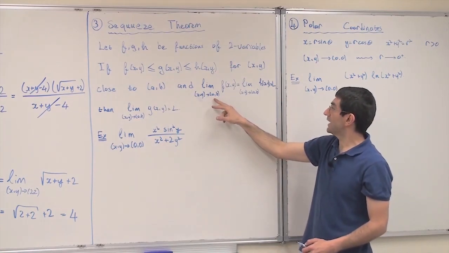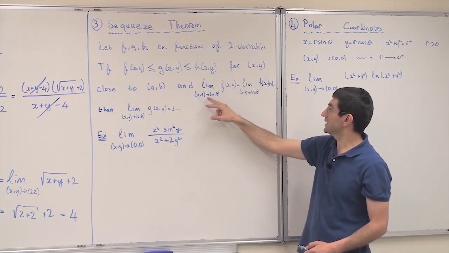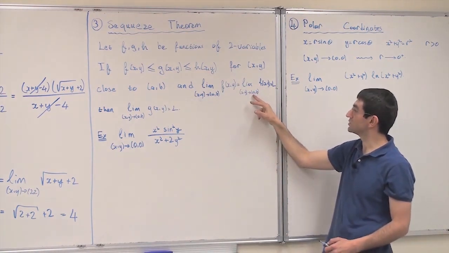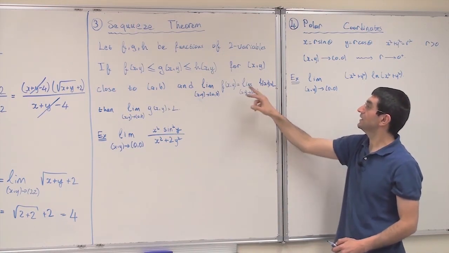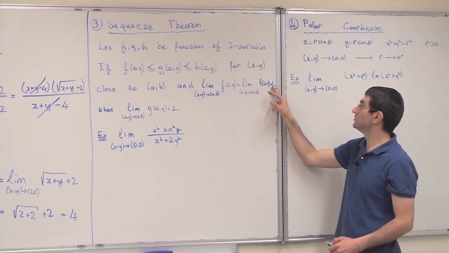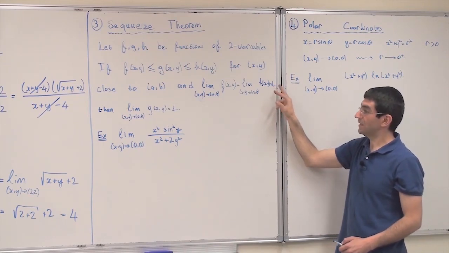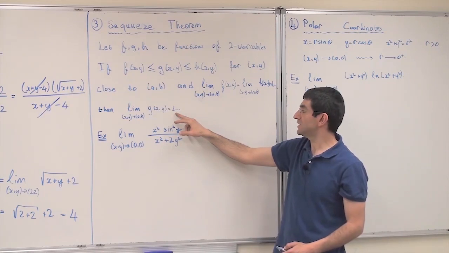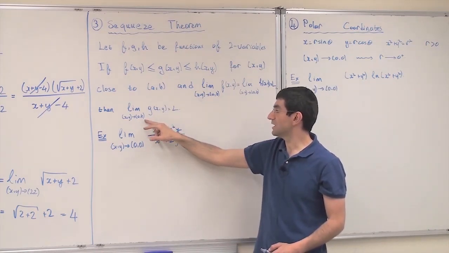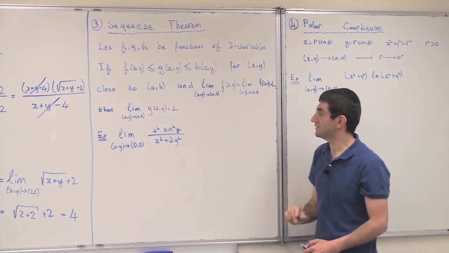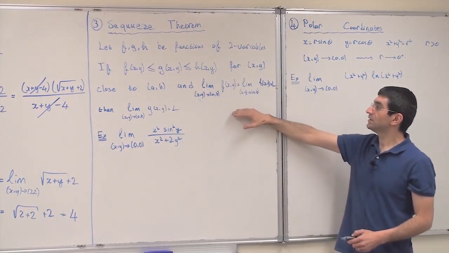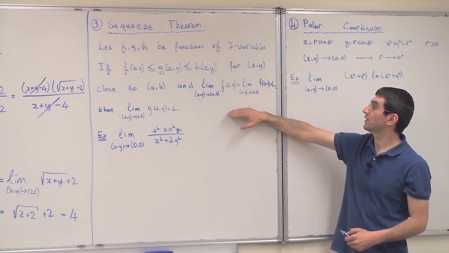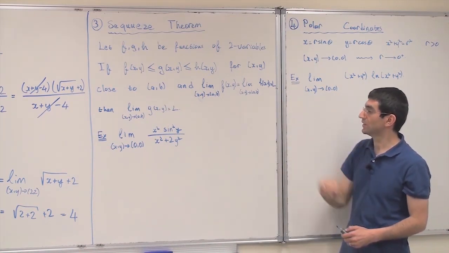And we also assume that the limit of f as x, y approaches a, b and the limit of h, again, as x, y approaches a, b exist and are equal to the value L. Then the squeeze theorem says that the limit of g as x, y approaches a, b is also L. You can generalize this squeeze theorem easily to functions with more than two variables.